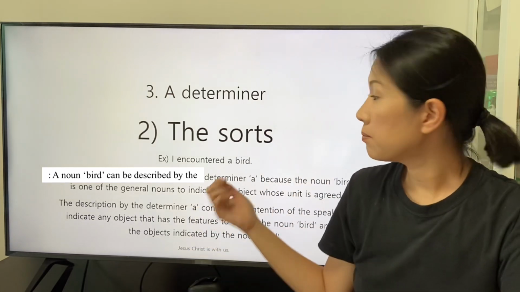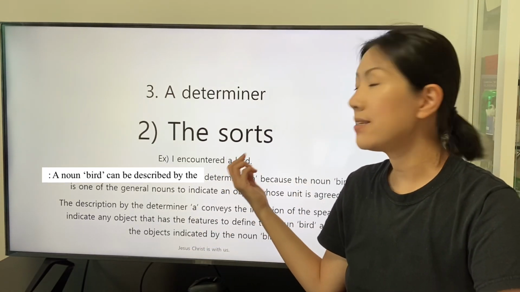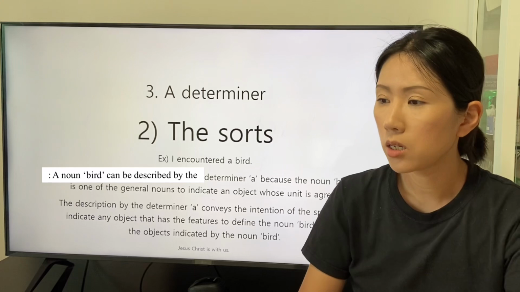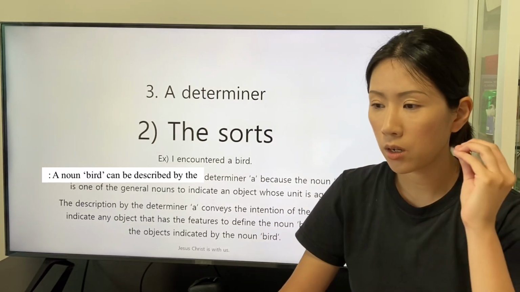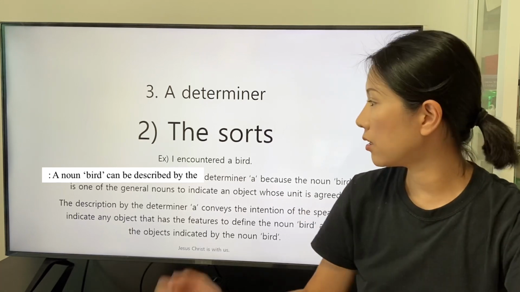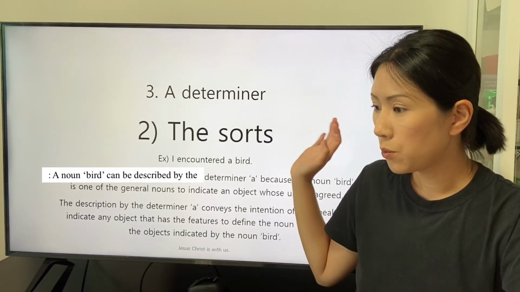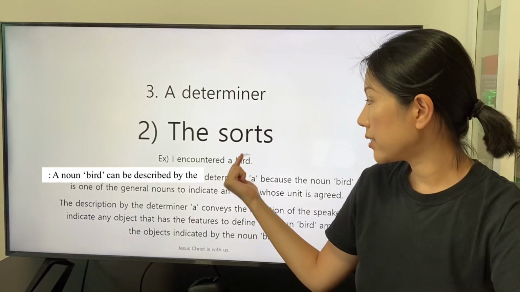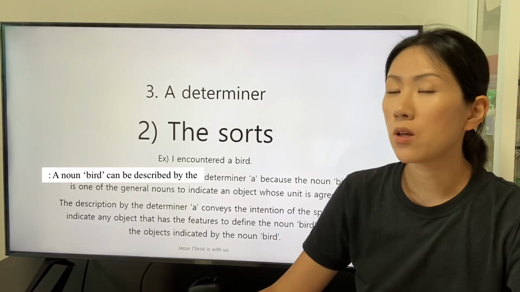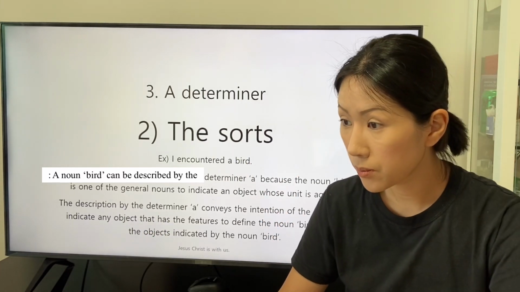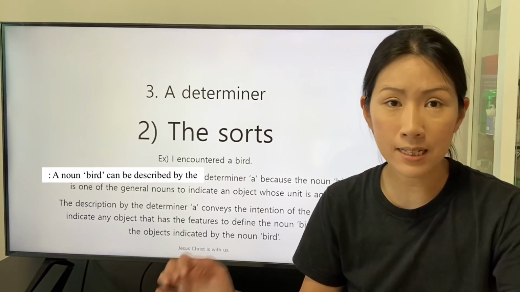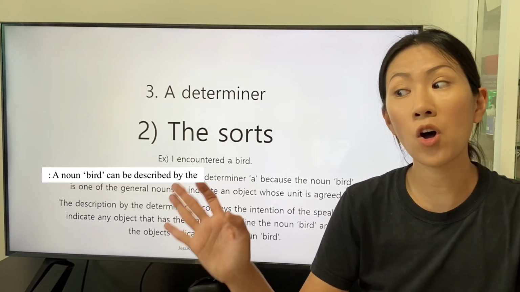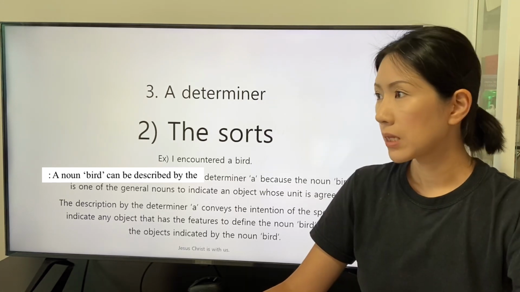The general noun bird is described by the indefinite article a. We can understand that the object indicated by the general noun bird is one of the objects indicated by the general noun bird.